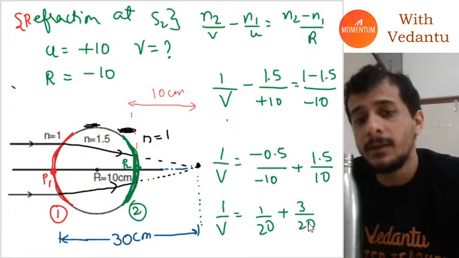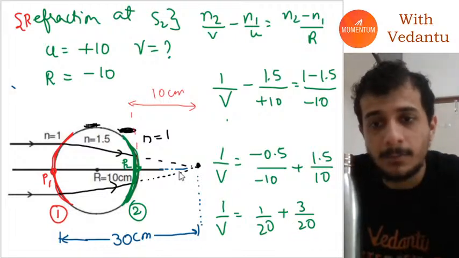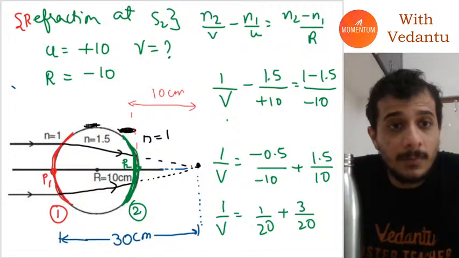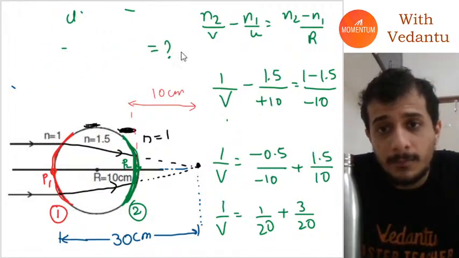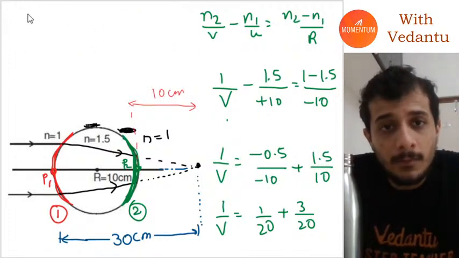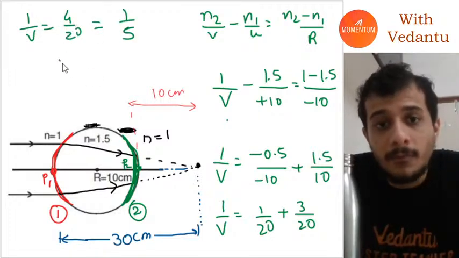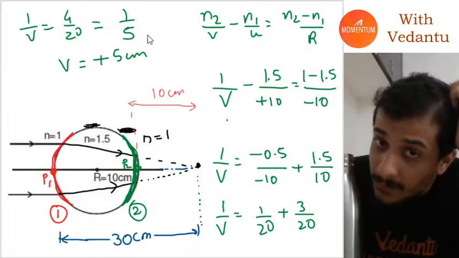I hope you can see that 1.5 by 10 is 3 by 20. Very simply, 1 by V is 4 by 20, which is just 1 by 5. V is equal to plus 5 centimeter.